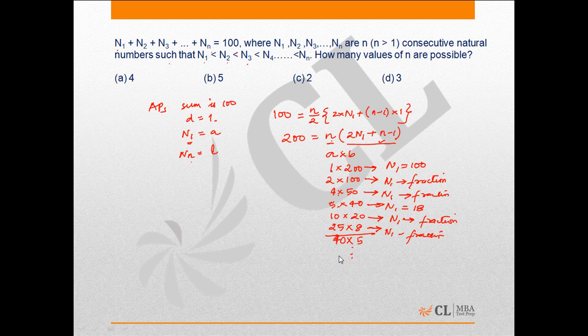Okay, if we take 8 into 25, we will get n1 as 9. If we take this as 20 into 10, from here we'll get n1 as a fraction again.